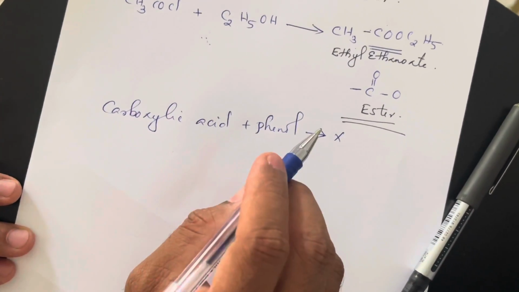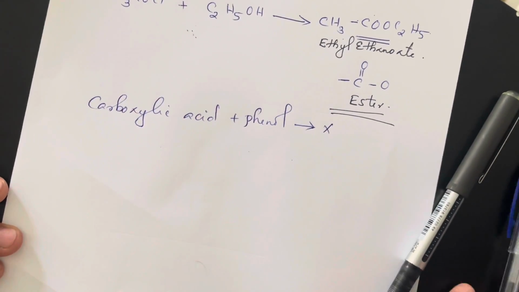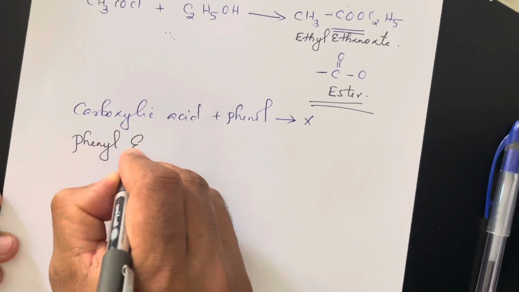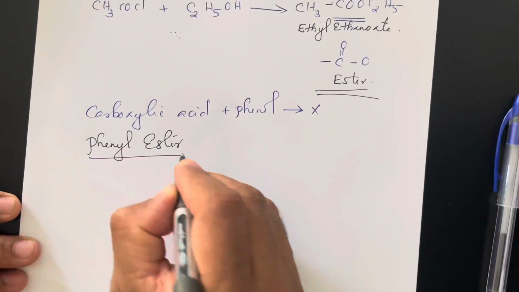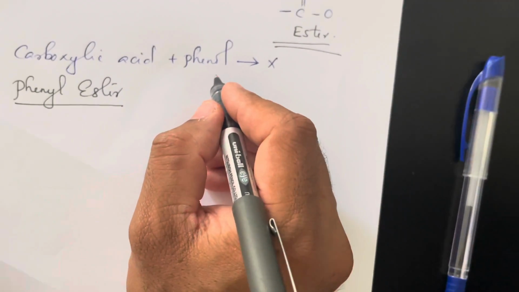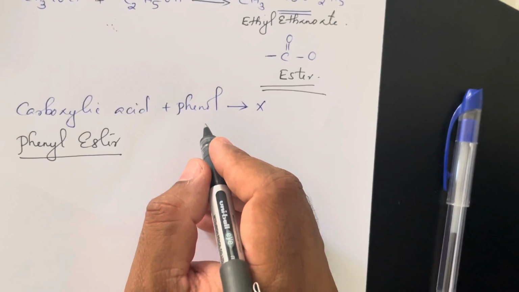So in this case, acyl chloride can be used to make phenyl esters. If you want to prepare a phenyl ester, instead of a carboxylic acid and phenol reaction, you can use acyl chloride.